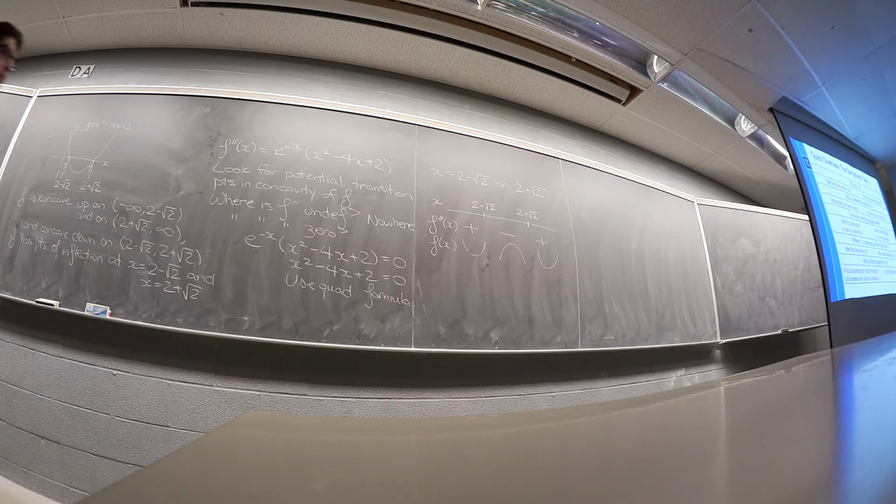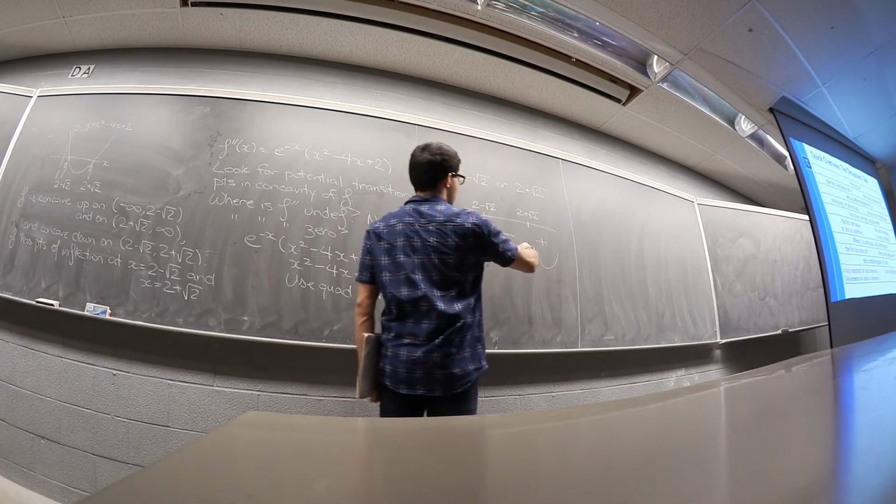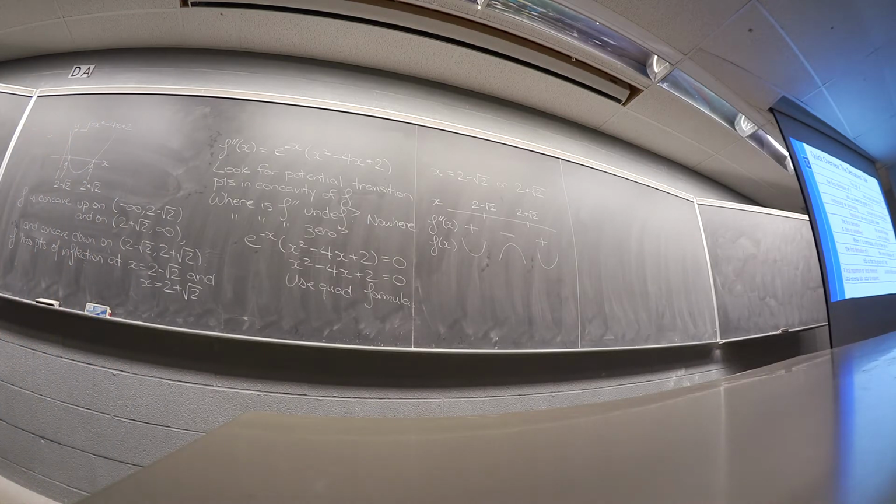Okay, because the function is continuous there, and the concavity flips, or the sign of the second derivative flips. And if you want the y coordinates, you plug into the original function and you find the y coordinate. Questions about this?